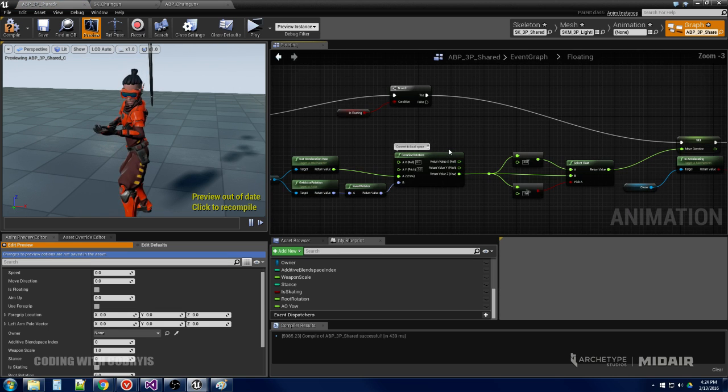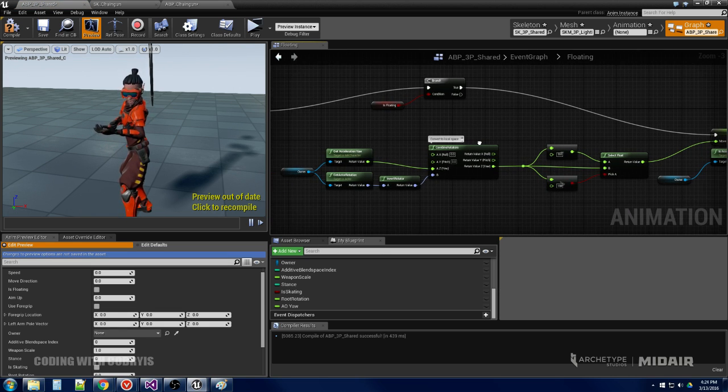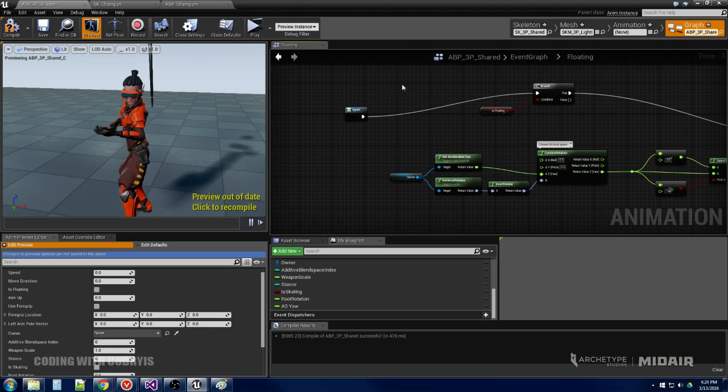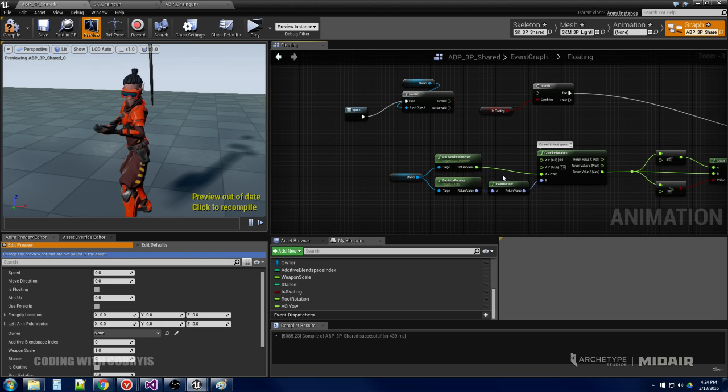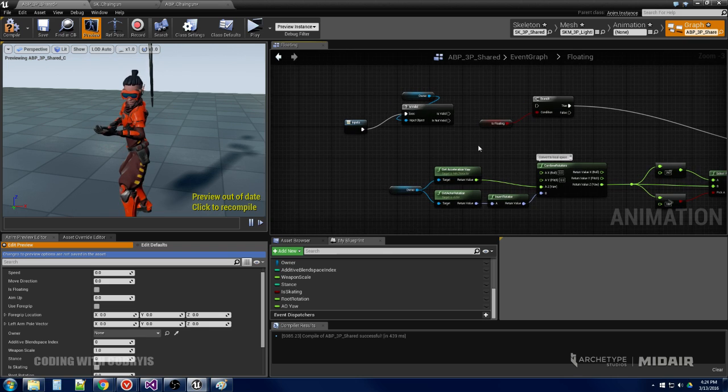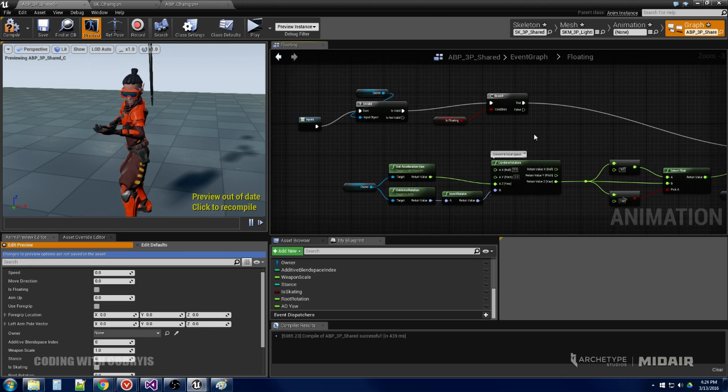Floating, all right. For now, I'm gonna say floating is owner dependent, which it is here, but I can make it so that this value and this value are actually provided elsewhere.